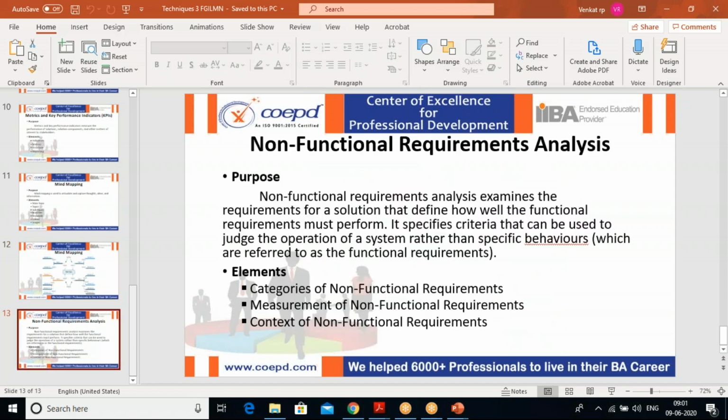Okay, and then we have the non-functional requirements analysis. We have been discussing functionality, meaning all the functionality: first this happens, next this happens, like that. Non-functional is like the hardware part of it, and the performance issues like turnaround time, availability, reliability.